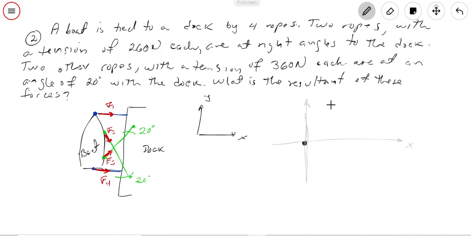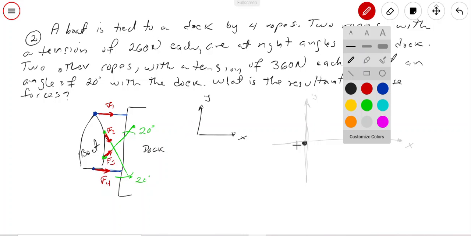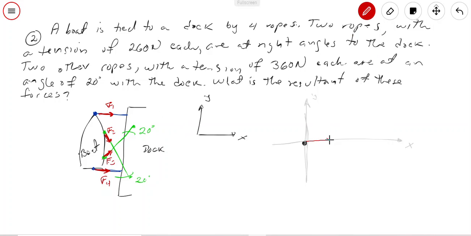This is my coordinate system X and Y. So I have my force F1, a force of 260 newtons pointing to the right in the direction of the x-axis. And I have the force F4, also in the direction of the x-axis, of 260 newtons also.